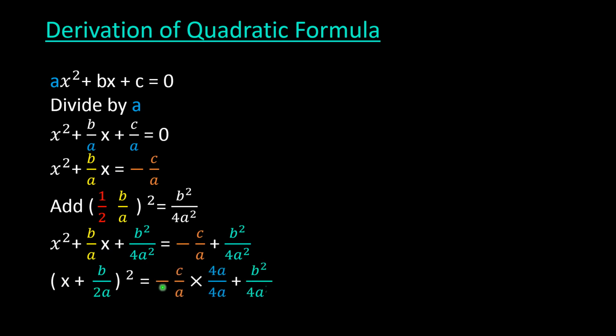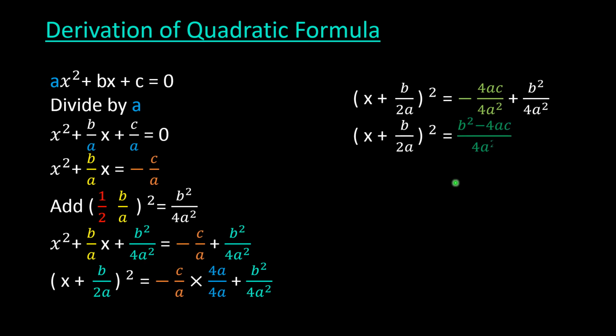So we will multiply minus c divided by a by 4a divided by 4a. So minus c multiplied by 4a will be minus 4ac, and a multiplied by 4a will be 4a squared. Now the denominator is same, so we can directly add the numerator and write it as b squared minus 4ac divided by the common denominator 4a squared.